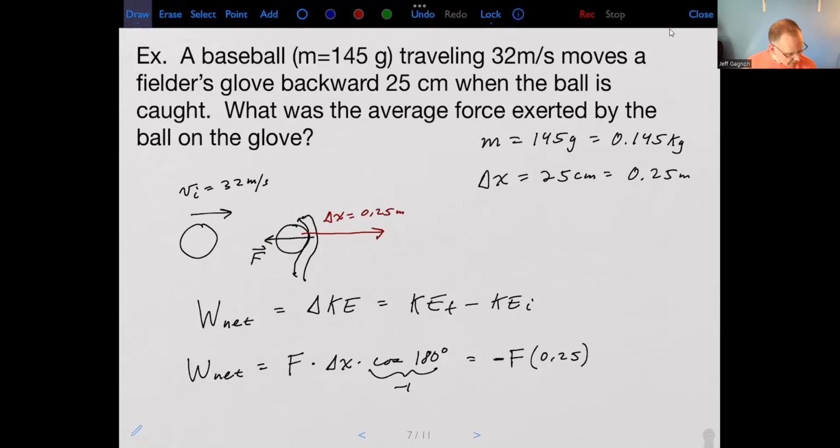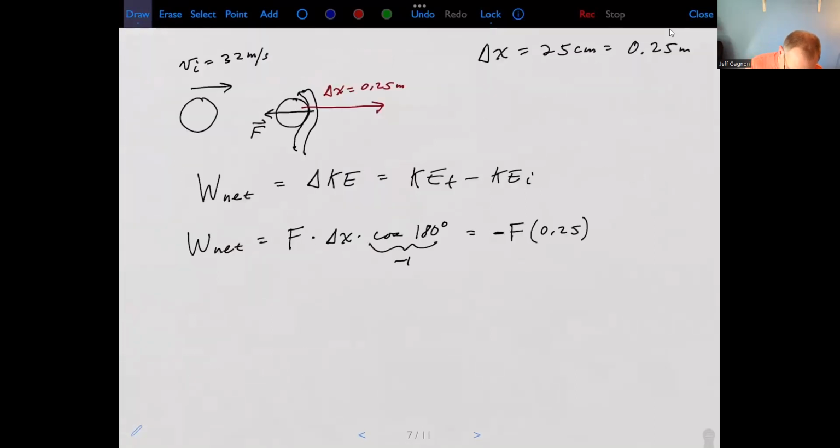What about the right-hand side, the change in kinetic energy? Well, in this case, because the ball is coming to a rest, the final kinetic energy is going to be 0, because that final velocity, v final, is going to be 0. And then the initial kinetic energy is 1/2 m v initial squared.